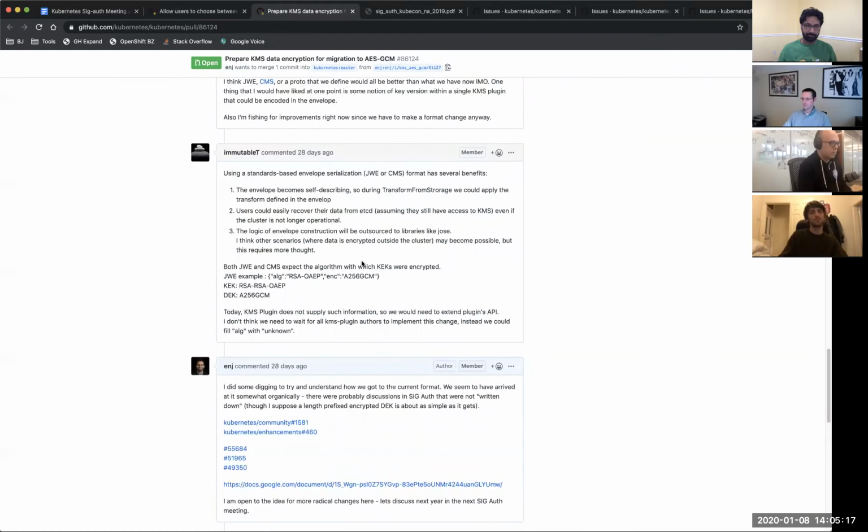Right, I need to page this back in. I don't really like our ad hoc encoding format for secrets as they sit encrypted in etcd. I don't think it's flexible. There are standards for doing it better, and we're doing this storage encoding migration once.